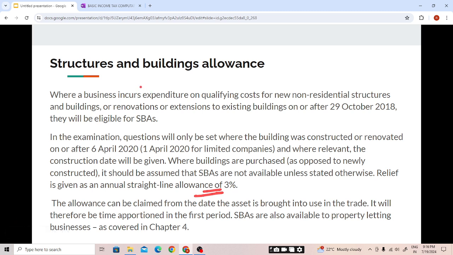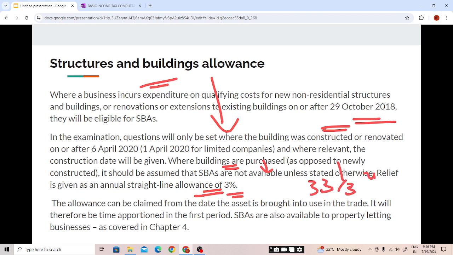And the structure and building allowance is available on or after 29th October 2018 if we purchase any building. If it is stated in an examination question, then only we will calculate the structure and building allowance. If not, we will not calculate. And the structure and building allowance is provided at 3% per annum. So we can calculate the structure and building allowance till 33 1/3 years. I hope this logic is clear now.